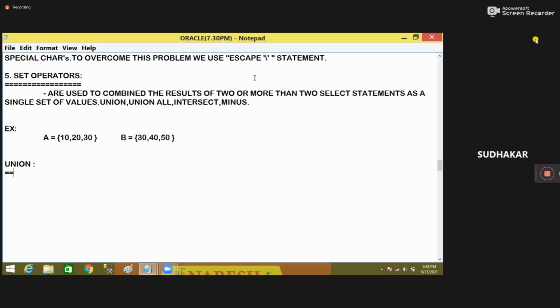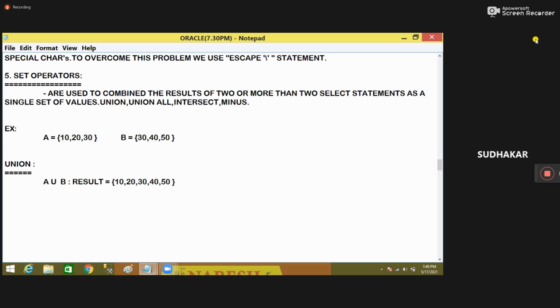Can you tell me what the result of A union B is? Open your chat box. A values and B values are there, and I'm asking A union B. The result is 10, 20, 30, 40, and 50.